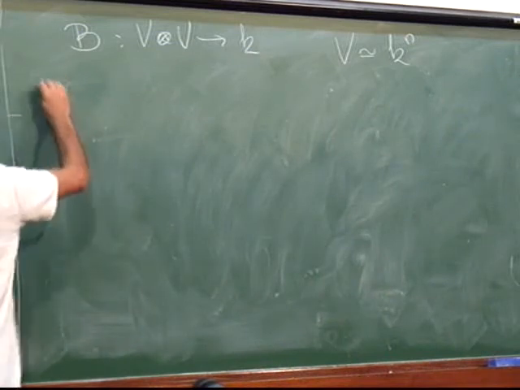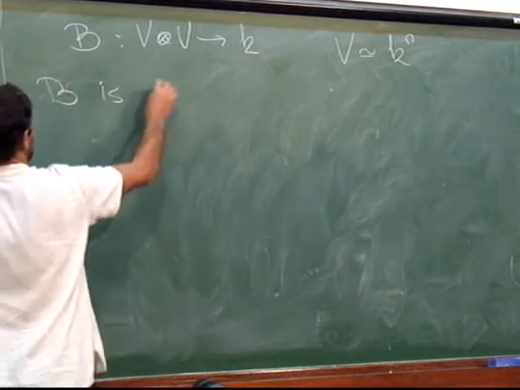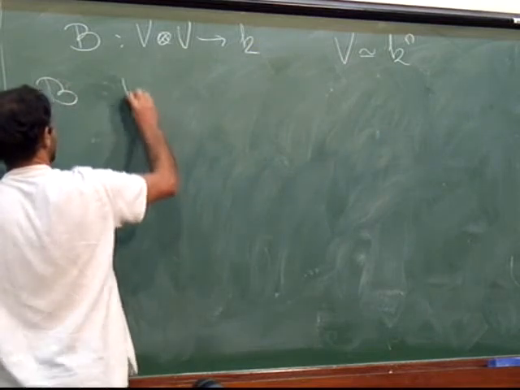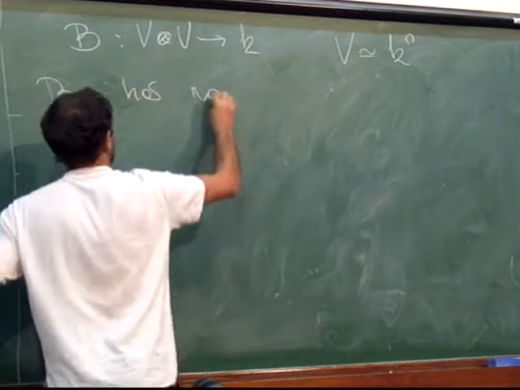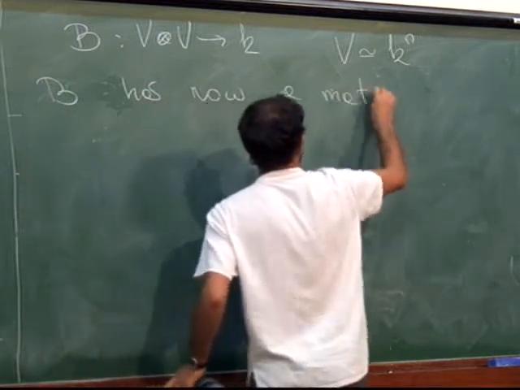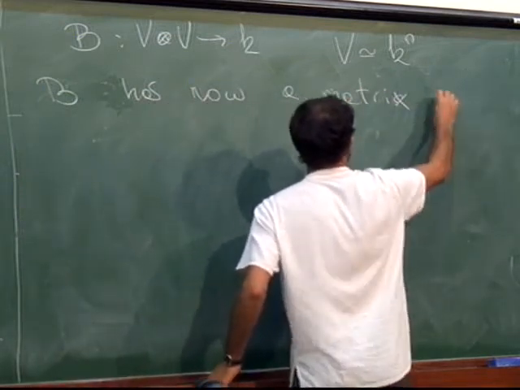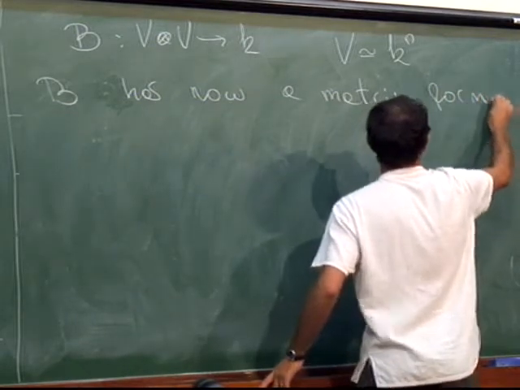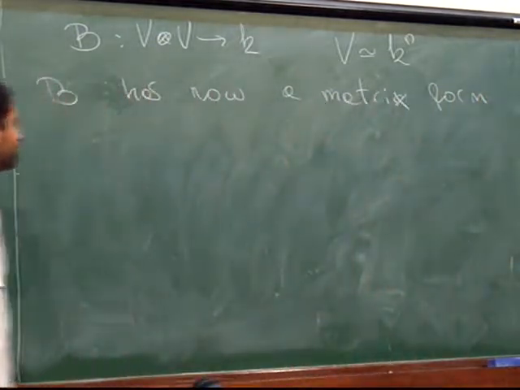Then B is now a matrix form representing that bilinear form.